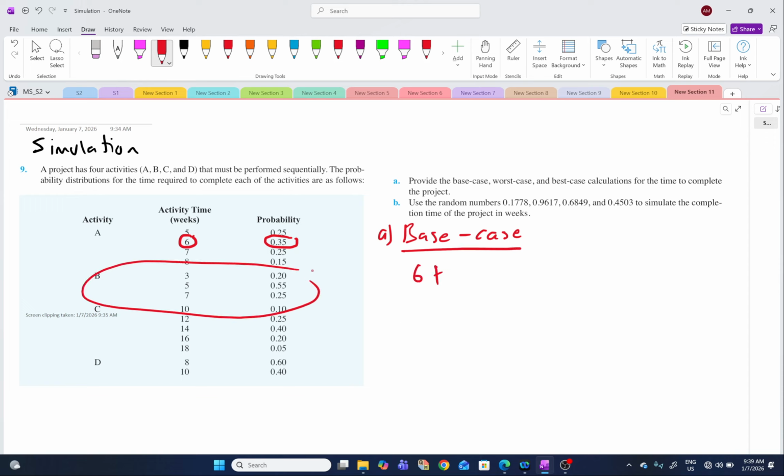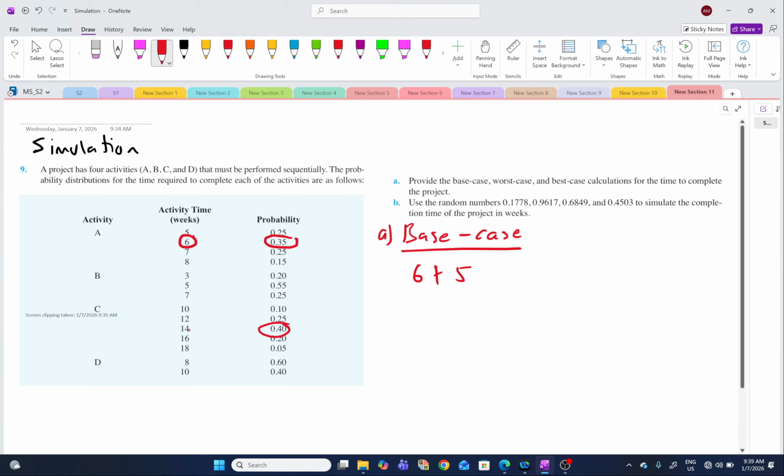Same goes for this one. So for base case, you will choose the item for higher probability. So here 0.55 you choose 5 here. This one 0.4 you choose 14 here. This is 8 here.